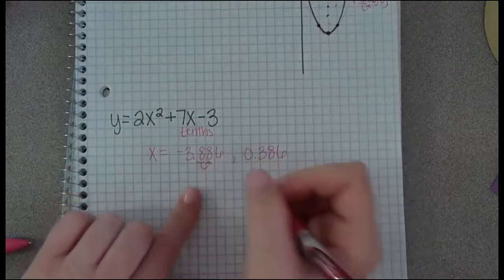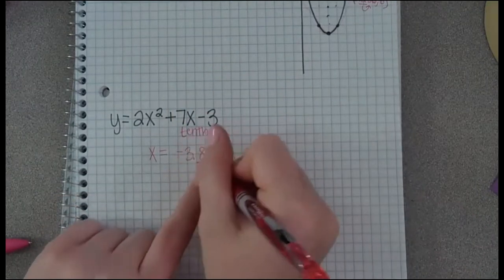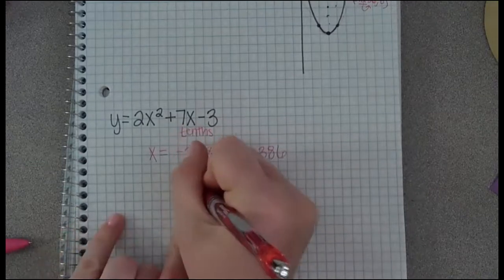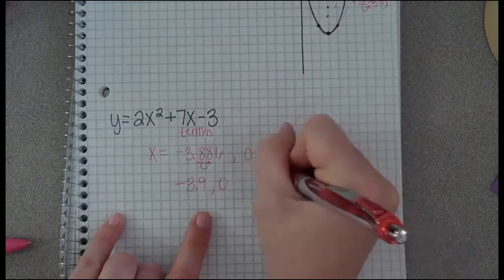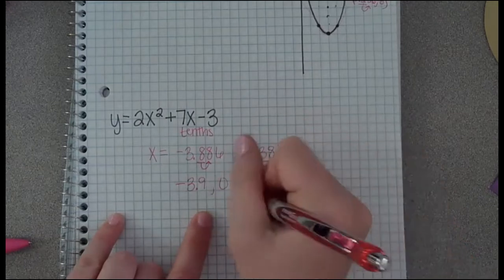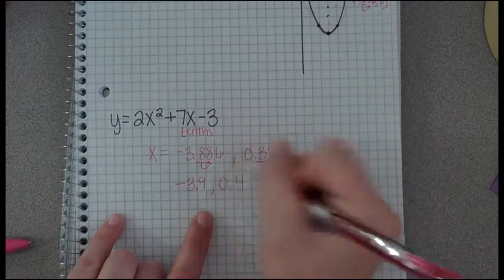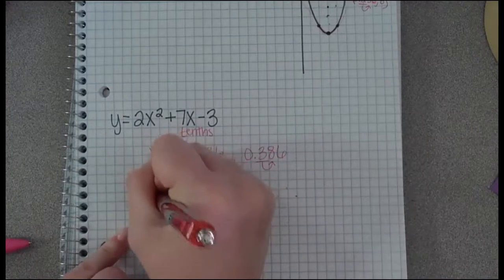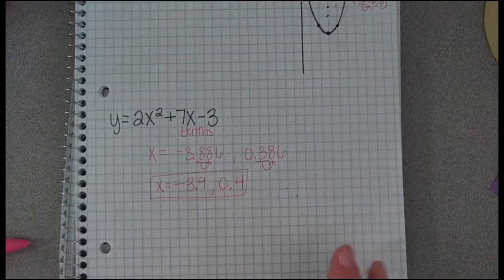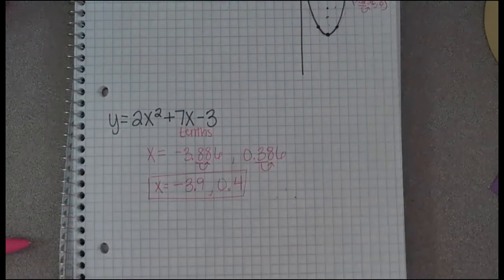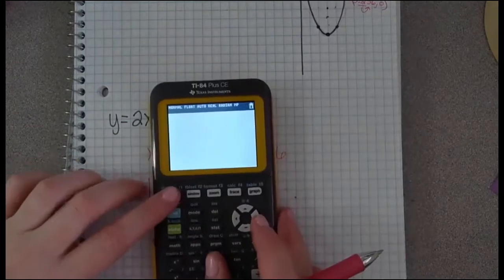So the 8 makes that 8 go to a 9. So it'd be negative 3.9 and 0. That 8 makes that a 4. So x would equal negative 3.9 and 0.4.